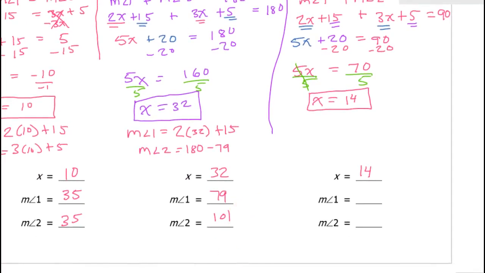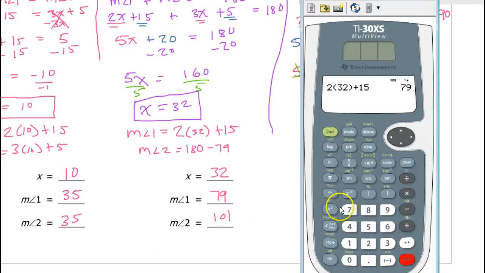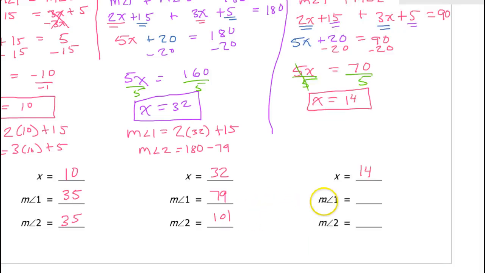Maybe I'll just show it. x is 32, so 3 times 32 plus 5. Okay, we get the same answer.